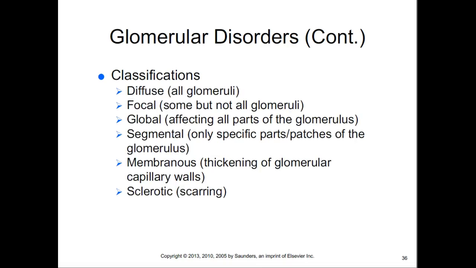So the effect is diffuse, which means all glomeruli are affected, or it could be focal, some but not all, global, affecting all parts of the glomerulus, or segmental, with only specific parts or patches of the glomerulus being affected. Membranous means thickening of the walls, and sclerotic means that we are now getting scarring.